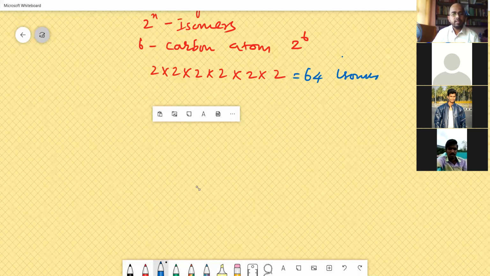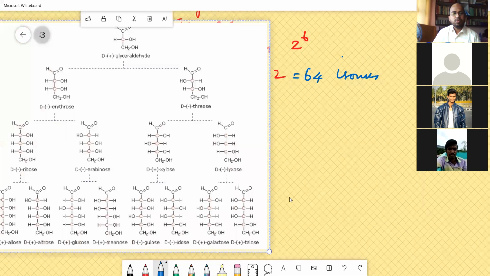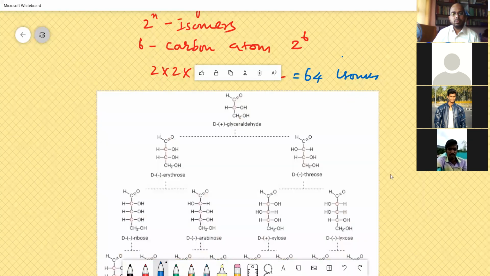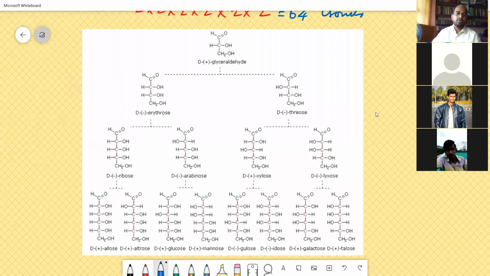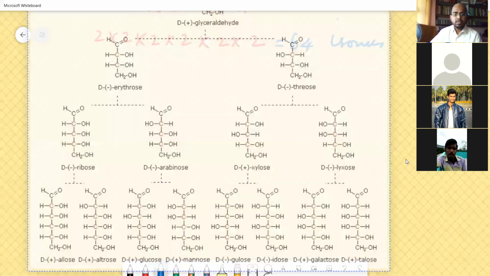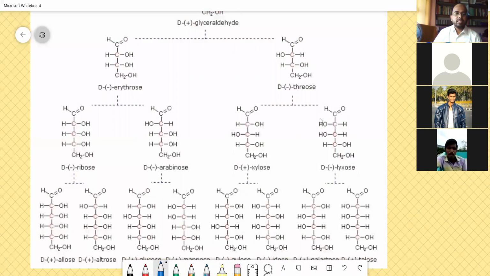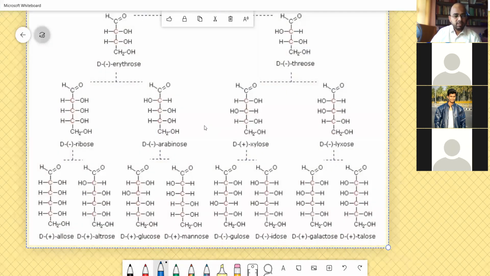You can see the different isomers that I'm going to explain now. The last row, can you see the last row? The last row has so many isomers. These are all glucose only.